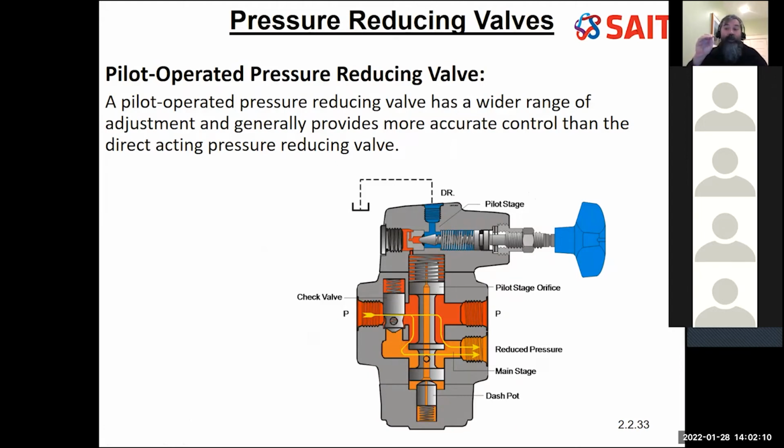So for a pilot operated pressure reducing valve, I get a really nice flat line of what that maximum pressure is. In a direct acting one, that pressure is going to vary a little bit. It's going to be very unstable because it's acting against that big spring on its own. So a pilot operated system here doesn't give me a lot of savings as far as energy is concerned, but it's going to give me better control of my system.